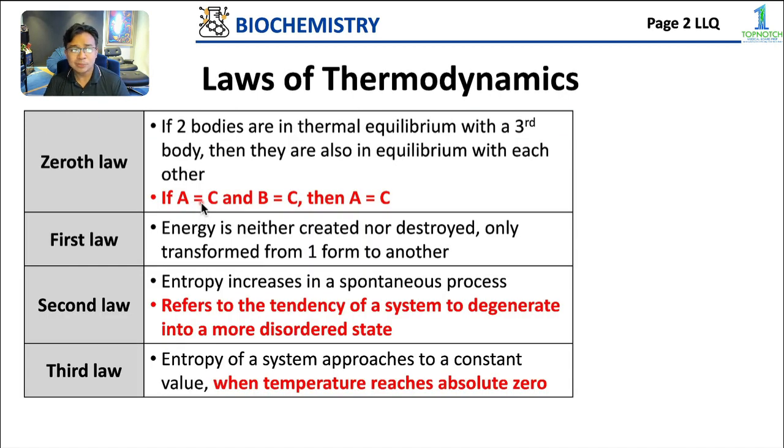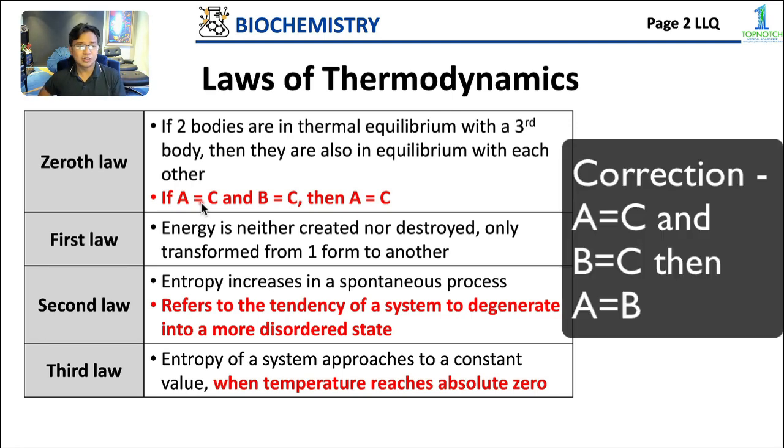Now, let's talk about thermodynamics, the study of heat transfer and its relationship with the universe and the different systems. We have 4 laws. Now, the very basic law is the first law of thermodynamics, the one you first encountered during primary and secondary schooling, wherein energy is neither created nor destroyed but only transformed from one form to another.